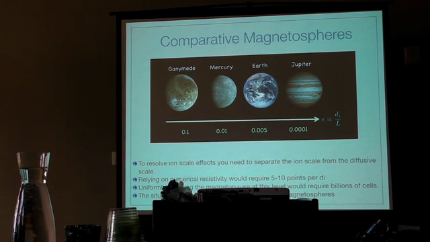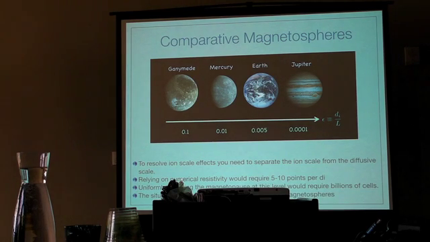You can look at comparative magnetospheres. These are different magnetized bodies in the solar system. If you calculate the ratio of the ion inertial length over the characteristic length of the system, in this case the distance to the subsolar magnetopause, you see for Earth that ratio is 0.005.